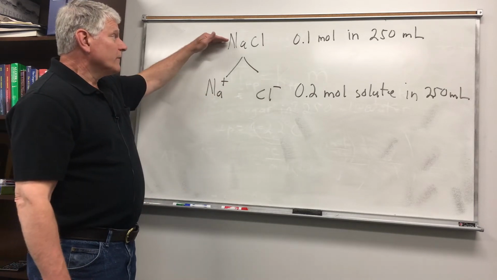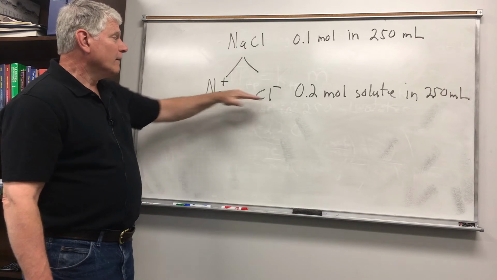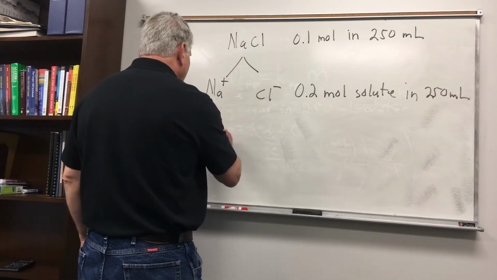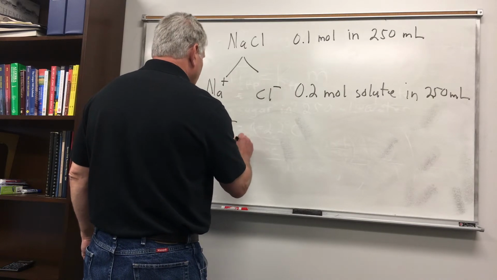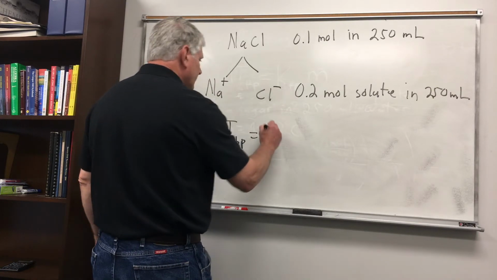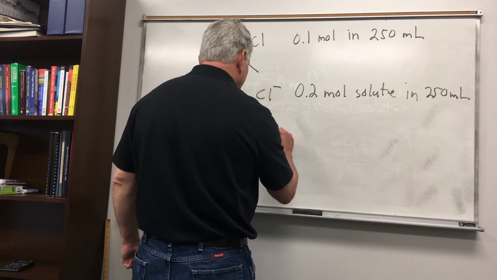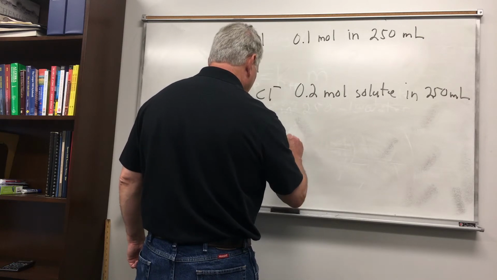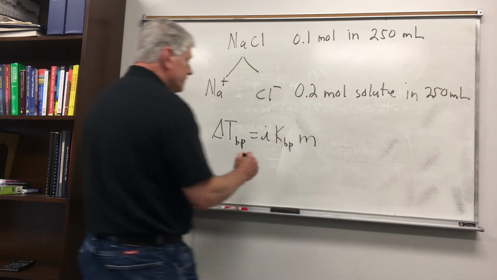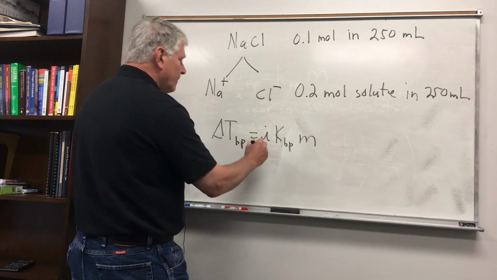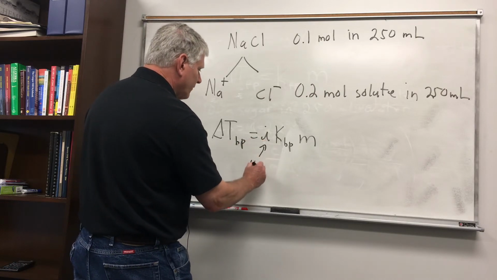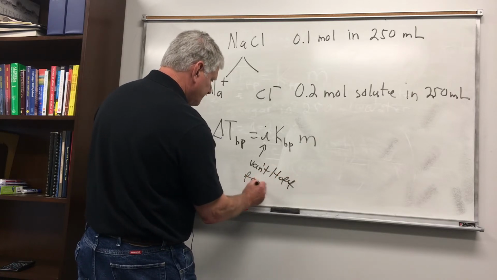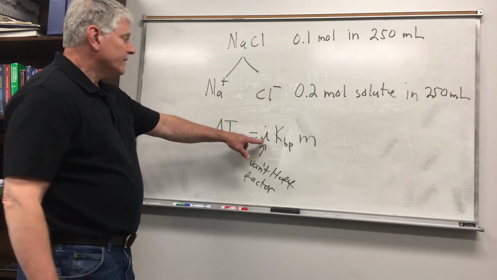So if I reference molarity of sodium chloride, I have to double that for the dissociated ions. And so one way we can keep track of this, for the boiling point and freezing point, is to multiply by this factor called the van 't Hoff factor. This is the dissociation factor.